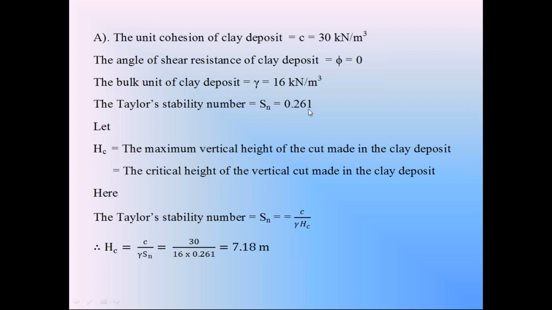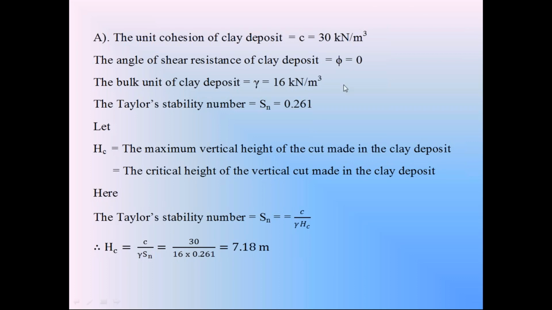In the examinations, please everyone listen carefully: if this value SN is not given, assume the SN value as per convenience, like 0.261, 0.364. Normally you have to find this SN value using the phi value and the slope angle I from the tabular forms.